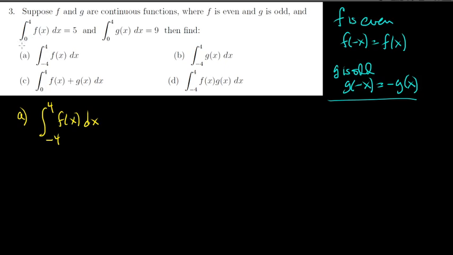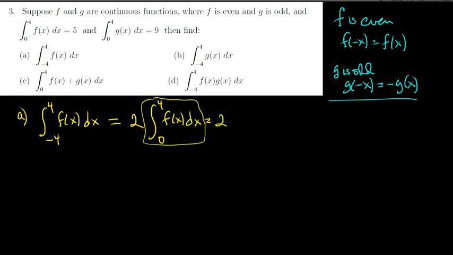We're given the integral from 0 to 4. But if f is even, then we have the property that this is just 2 times the definite integral from 0 to 4 of f of x. And since this number is given, this is 5, then the answer has to be 10.